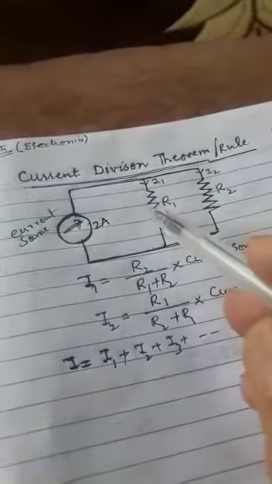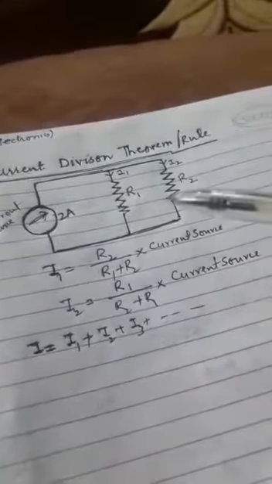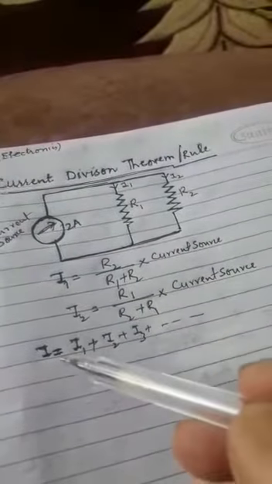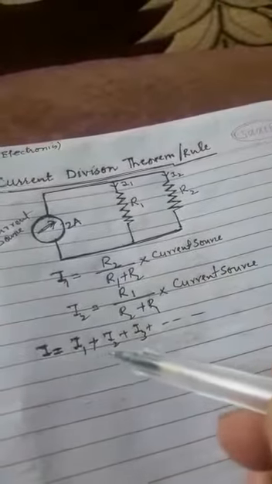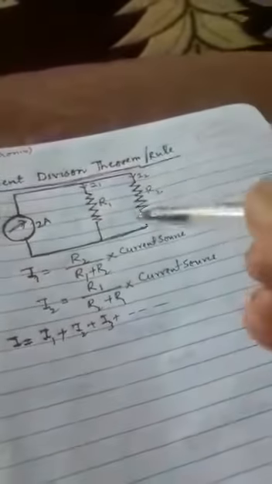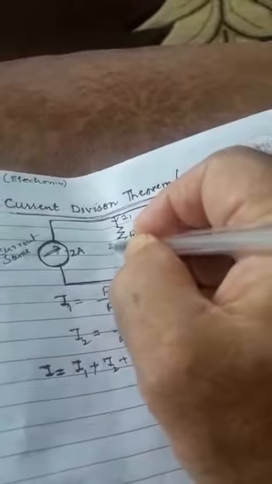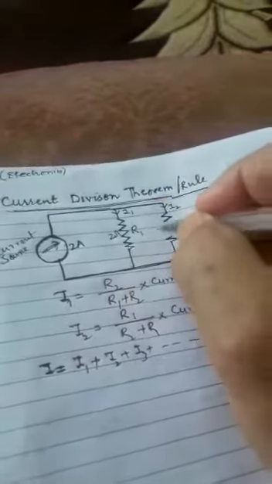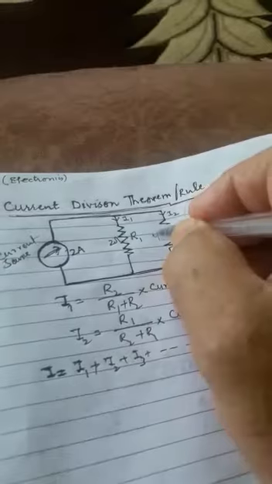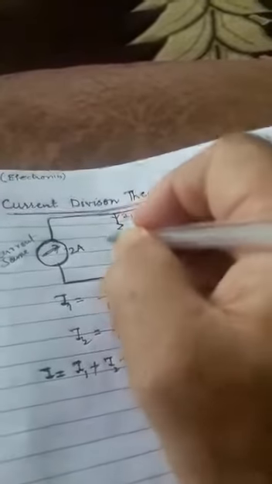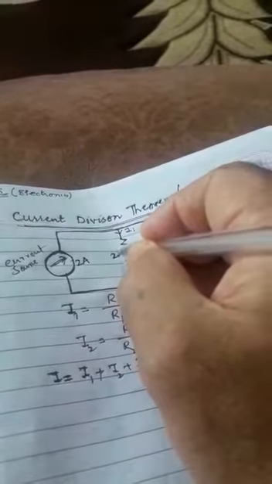So I will give some particular values here, and then adding those values, I is equal to I1 plus I2 plus I3, that value should be equal to 2 ampere. For example, this is your 2 ohm resistor and this is your 4 ohm resistor. How will you get the values?